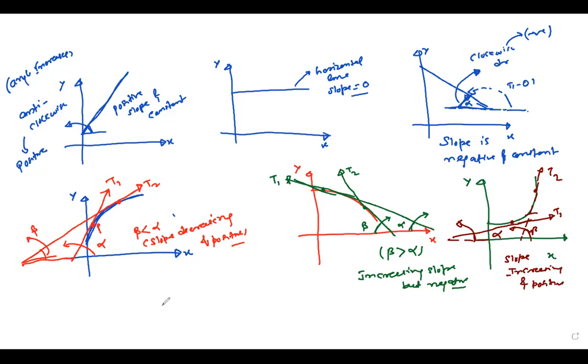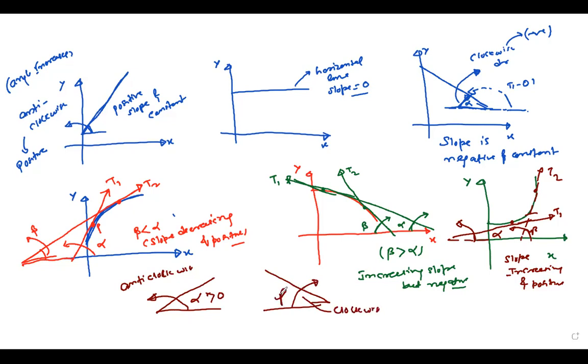Okay, summarizing this, if this is the angle and this is the anti-clockwise direction, this angle is positive. Okay, if this is the angle, this is clockwise, this beta is negative.